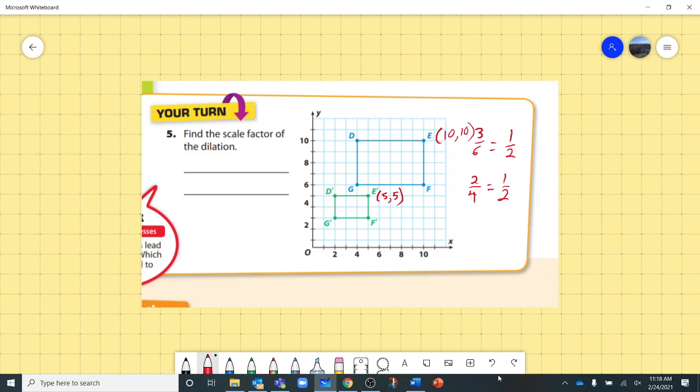So our second x value divided by our first x value is 5 over 10, and our second y value divided by our first y value is also 5 over 10, which is equal to 1/2 for both. In theory, you should test that out on all of your points, but we don't have to. They'll all be 1/2. And so the scale factor of the dilation is 1/2. I think that's enough for that.